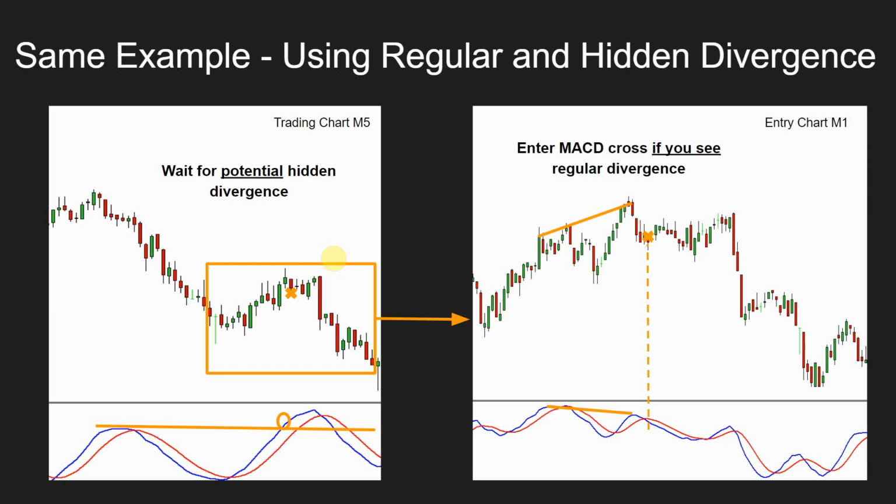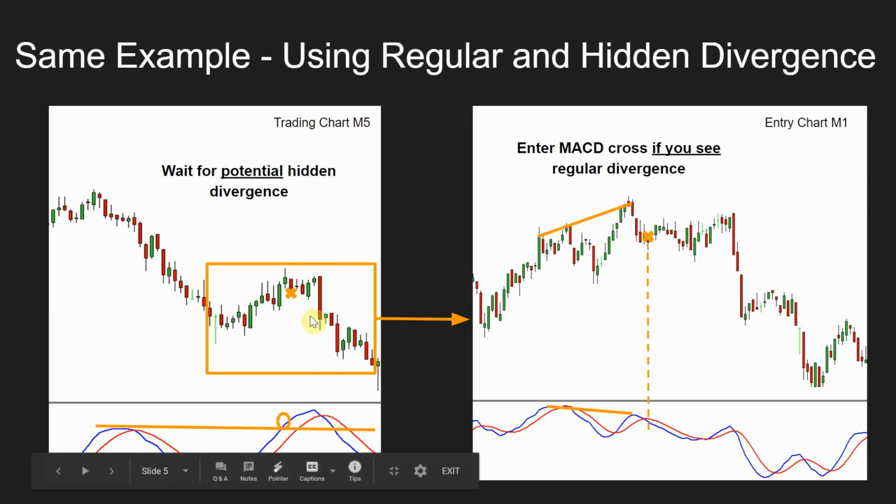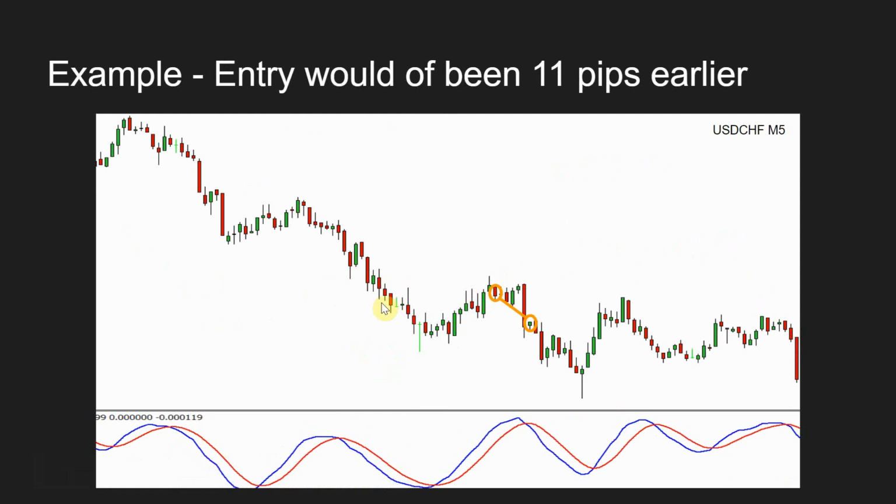Just to show you how different those two entries were, from the previous entry where I got in on the crossover at this bar over here, to when I got in on the cross one time frame lower on regular divergence, you'll see that the gap between here and here is 11 pips. That means I caught the majority of this downward move, that 11 pips there of pure goodness really.